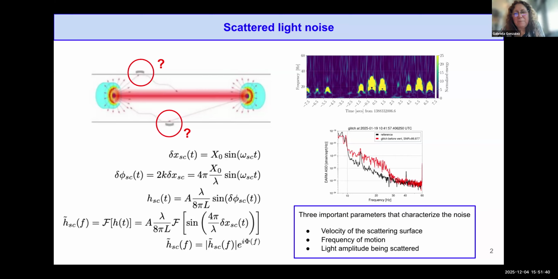Let me mention while people think about other questions. I see that there are some people who have been around for a while, my generation or even before my generation. I think that we are victims of our own success here, because the more sensitive the interferometer is, the more sensitive we are to these sources of noise that may have been considered negligible before.